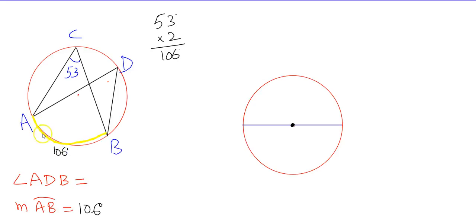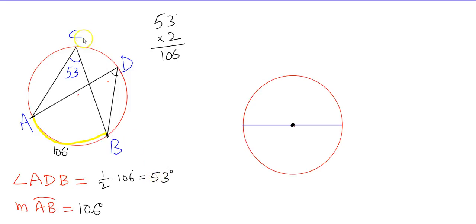Now, with reference to this arc AB, I can say this angle D is an inscribed angle for the same arc AB. And this measure of arc AB is 106. Hence, this angle D must be equal to half of 106, which is 53 degrees.